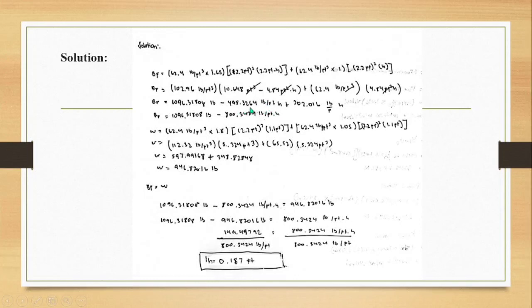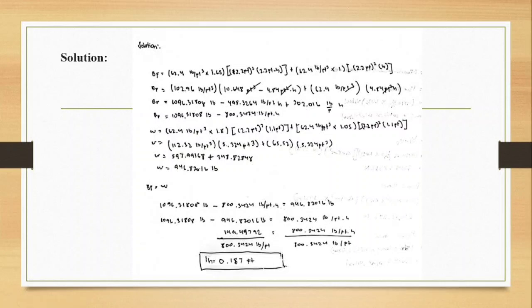We get 498.3264 by multiplying 102.96 by 4.84, plus 302.016, which we got from 62.4 times 4.84. We got this 302.016, guys.